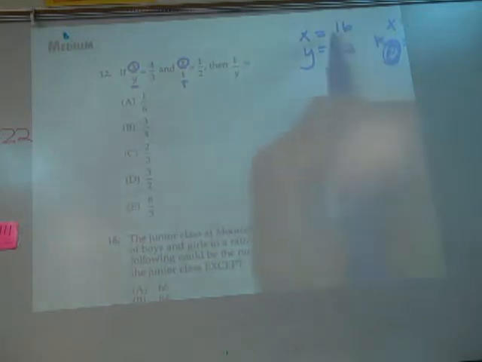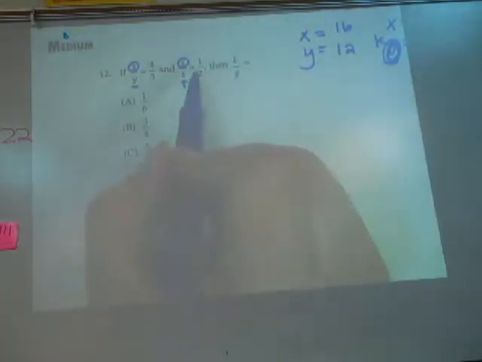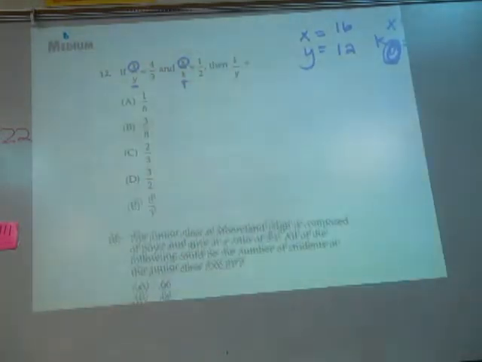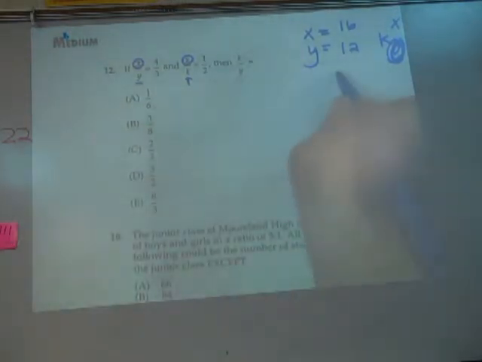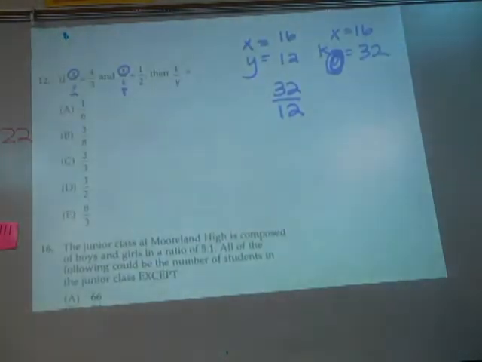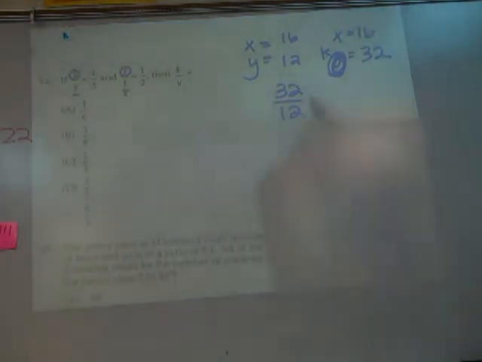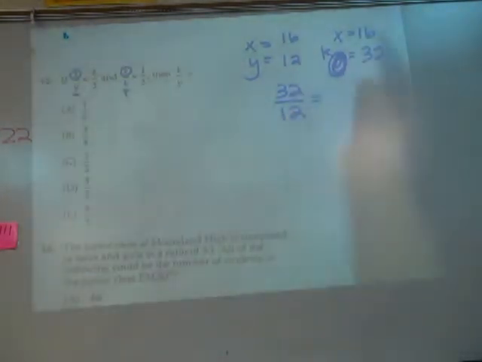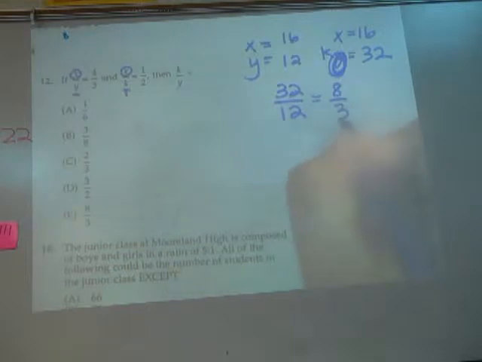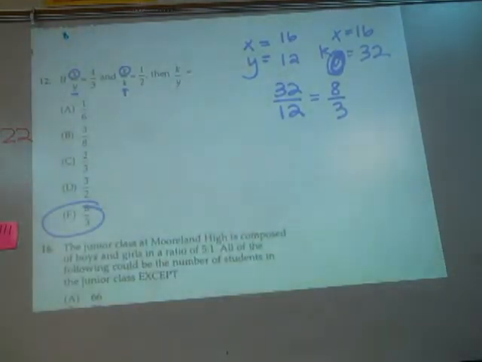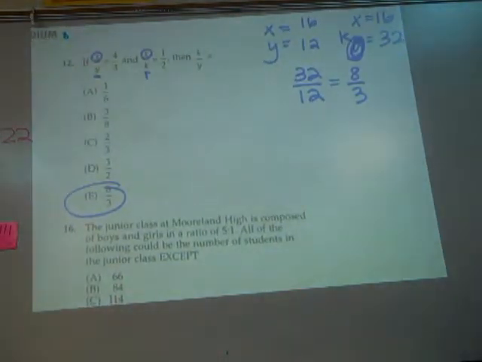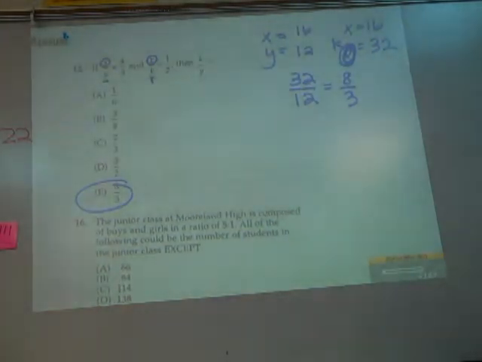So once you figure out what k would have to be, if x stays the same in both of these ratios, now you can say, well, k over y, 32 over 12, and then you could divide both of those by 4, would be 8 over 3. I told you, this is a good one to plug in on, right?